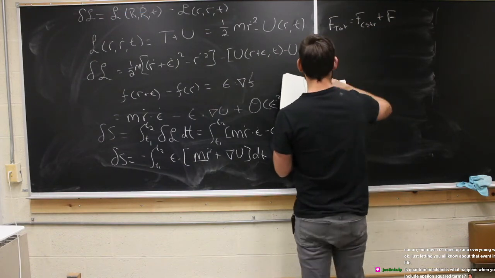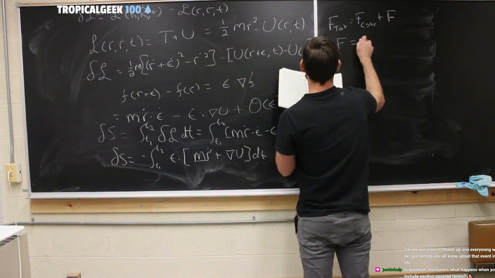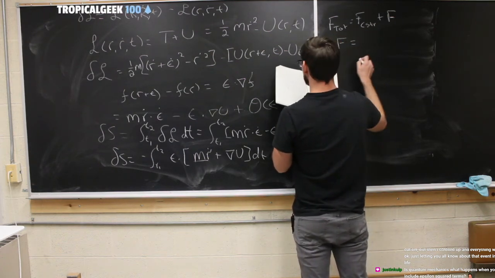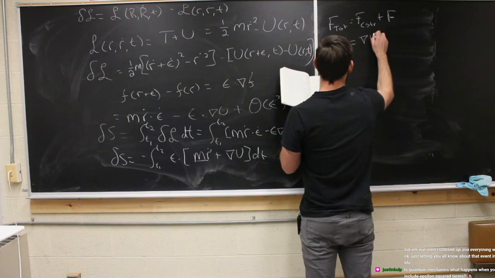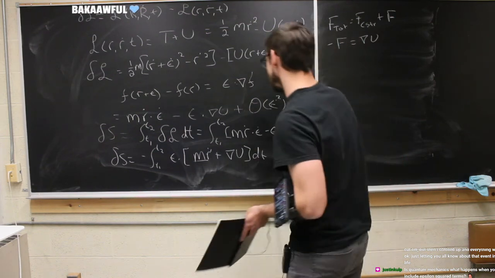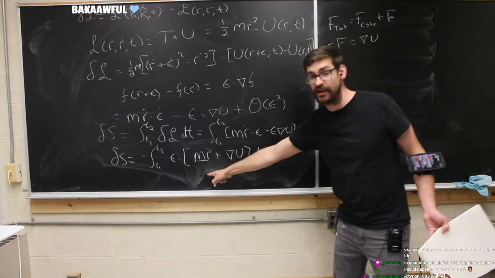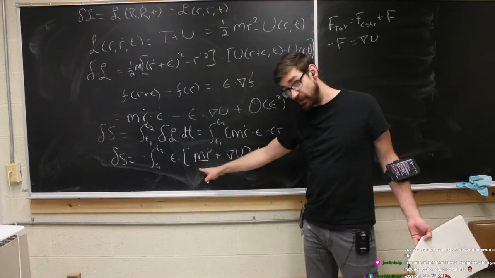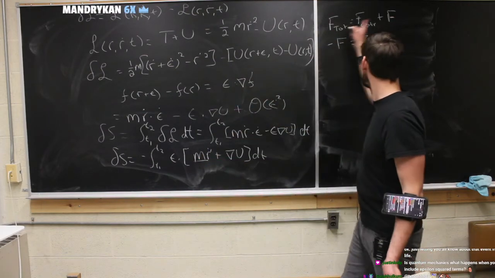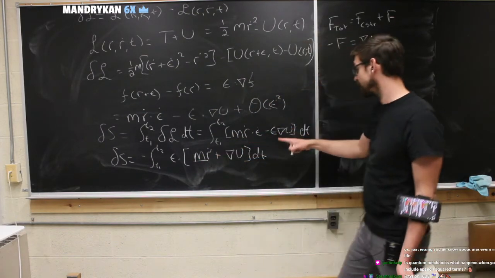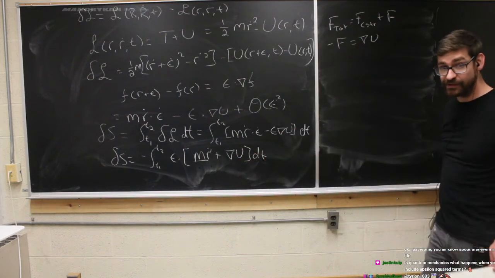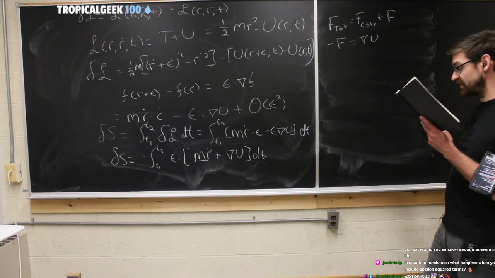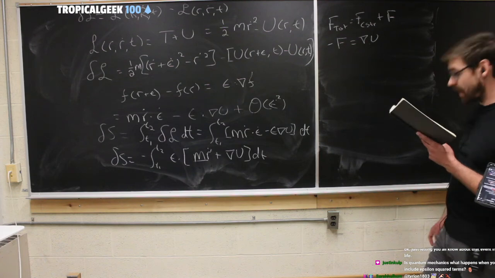And we know that the negative force of the external objects equals the gradient of u. So what does that mean? That means once we plug this F in here, the total force is equal to the constraining force plus this external force, and gradient u is the negative external force.